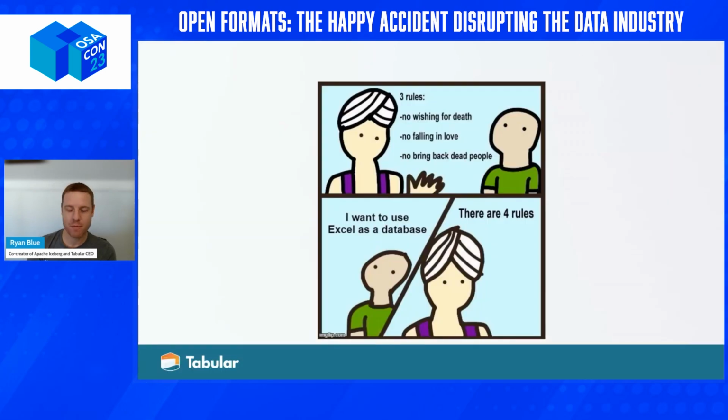So the story of Apache Iceberg, and I think all of the open table formats in general, goes something like this: a whole bunch of distributed systems engineers in the Hadoop days started building what we came to realize eventually was a database. And I love this comic because this is what we did.